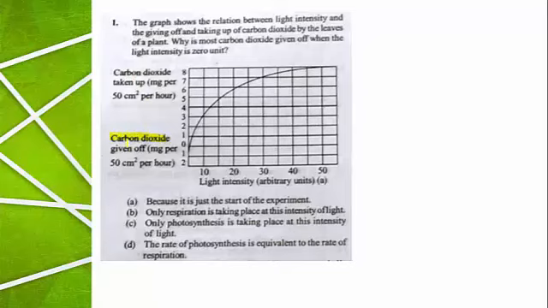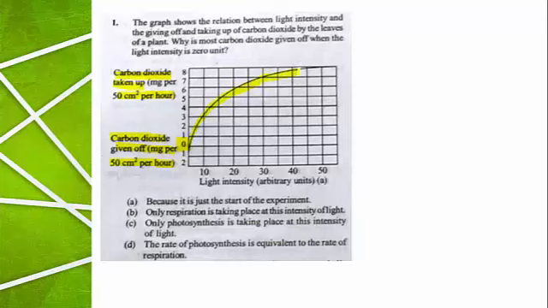Carbon dioxide is given off per mg 50 centimeter square per hour when the light intensity is 0. The same carbon dioxide is absorbed as the light intensity increases from 0 to a certain value.